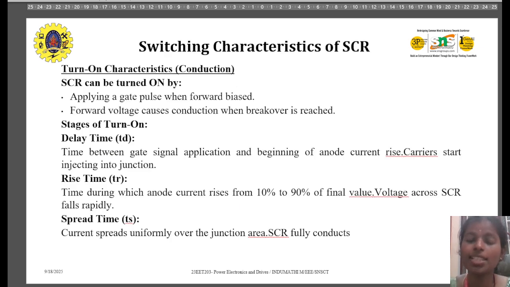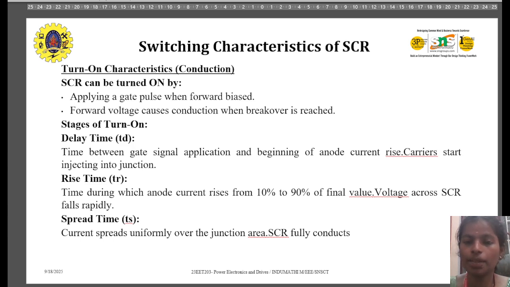SCRs are the backbone of power control and rectifiers, as you know. But did you know that the way they switch on and off is not instantaneous, right? So that's the thing. The time and the voltage, what is happening there, we'll be learning in switching characteristics. So here we'll explore the SCRs.